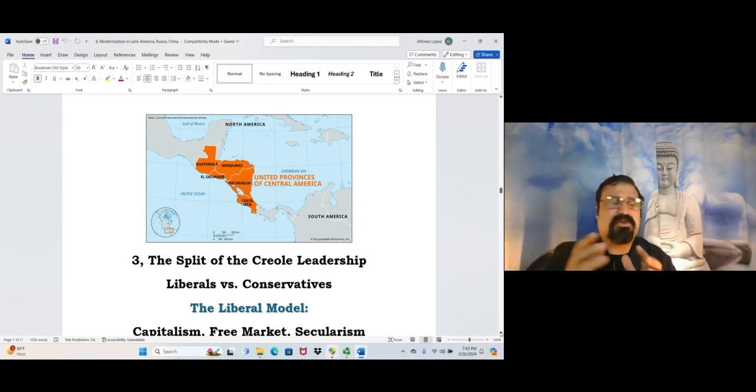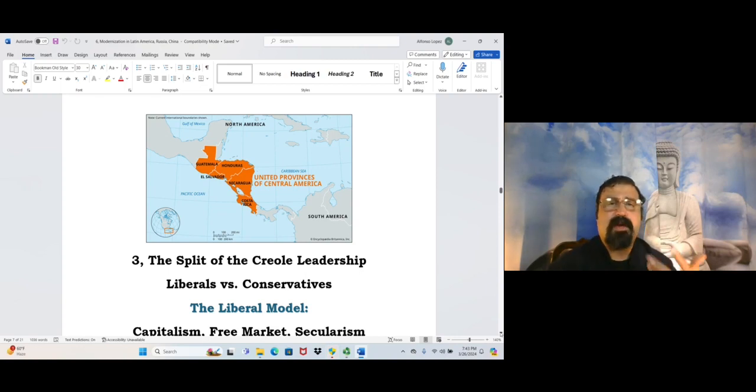There were just power brokers, strongmen, if you will, in each region, asserting their own power and separating pretty much from Mexico and creating their own countries like Guatemala, for example, Honduras, El Salvador, Nicaragua, Costa Rica, and so on. Again, they used to belong to Mexico. And now they're pretty much setting up their own independent state.